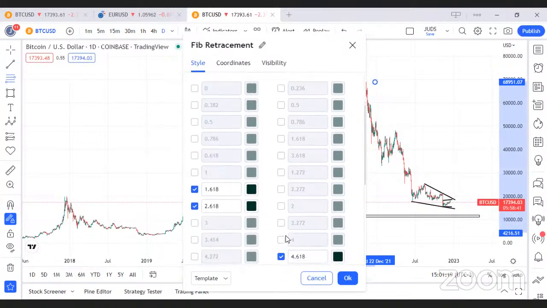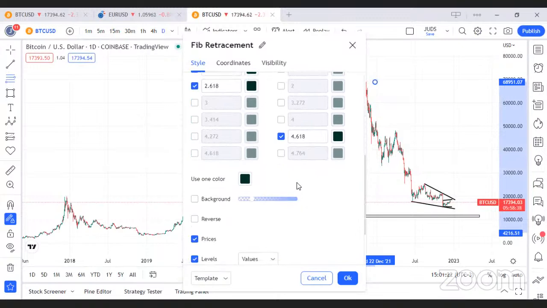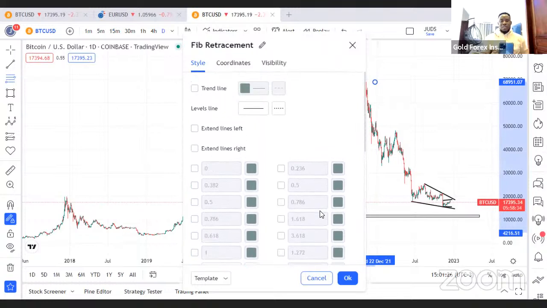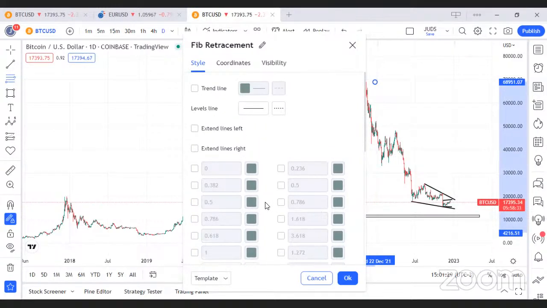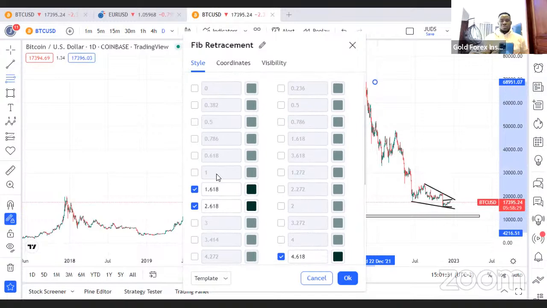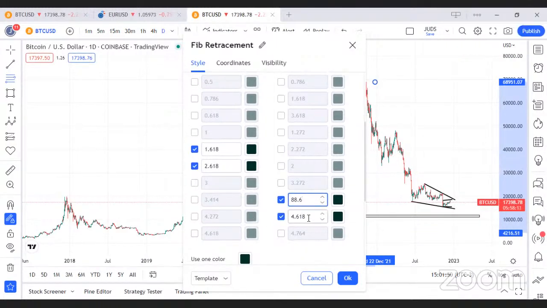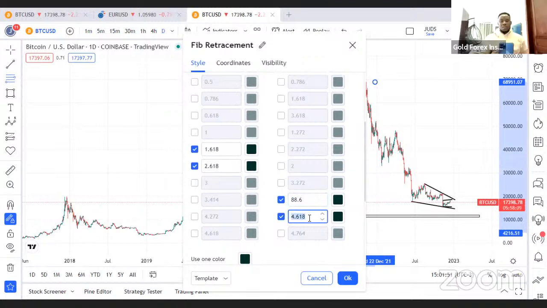I don't have 88.6 unless I edit and put it at any place that you don't use. Put it at the 4 and change it to 88.6. And do another one, 1.13.